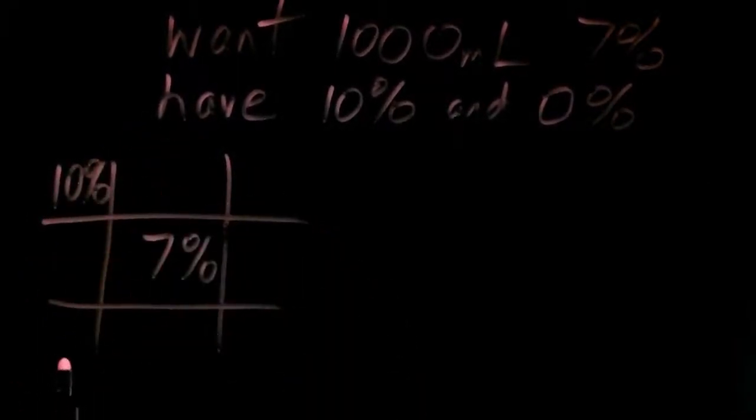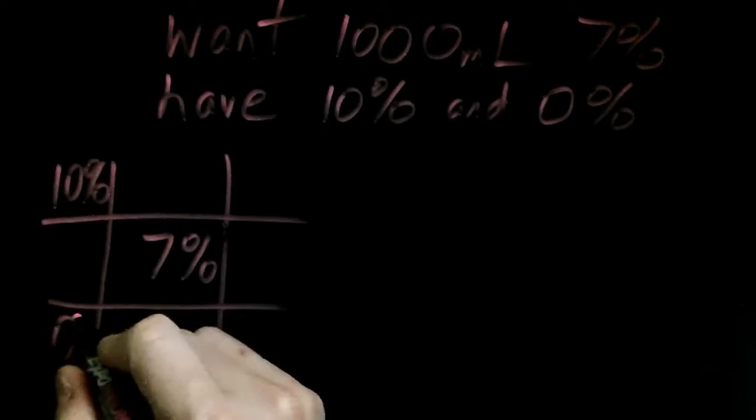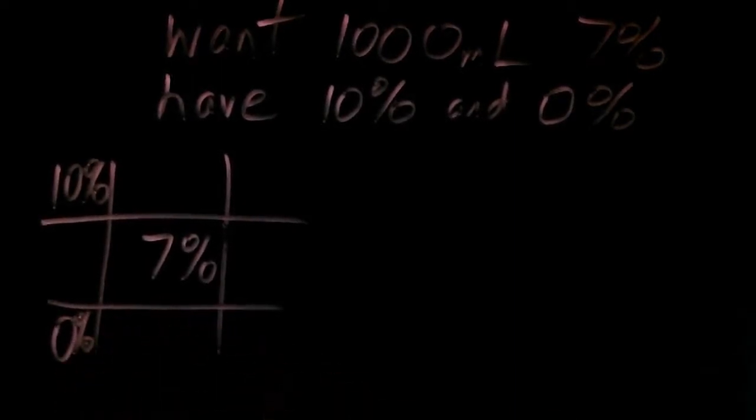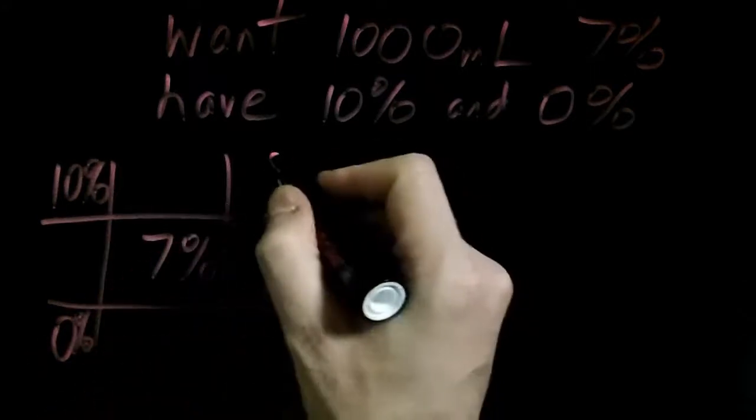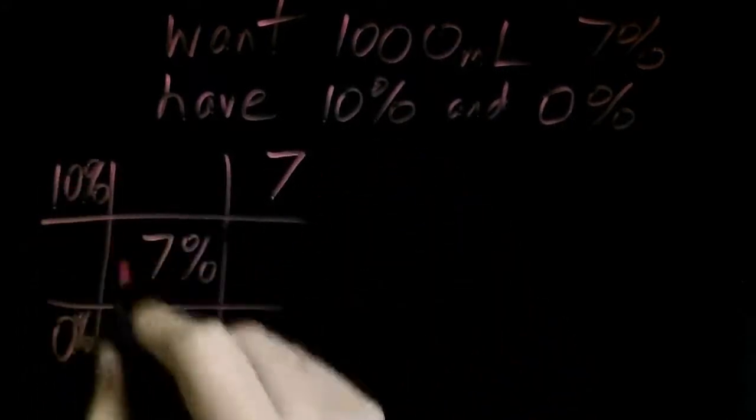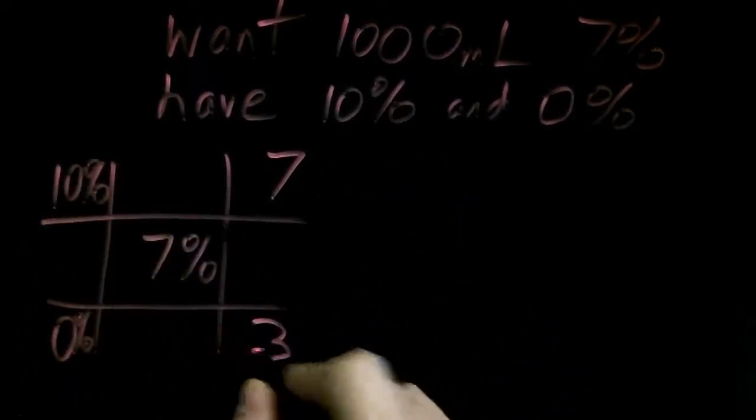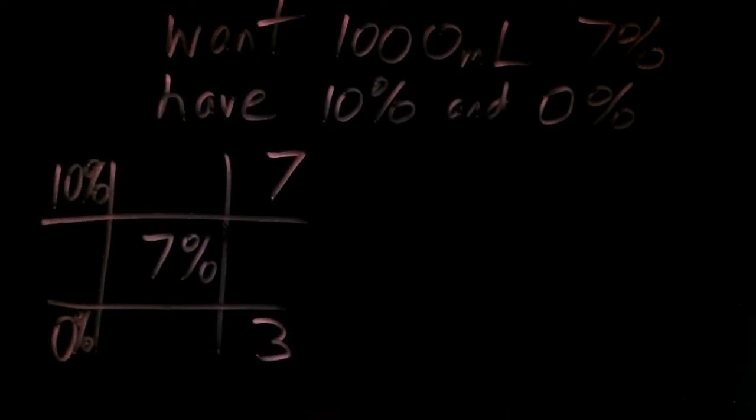In our lower corner here, I will put the lower percentage of what we have, which is 0. Now I'll find the difference between the two. The difference between 0 and 7 is 7. And the difference between 10 and 7 is 3.